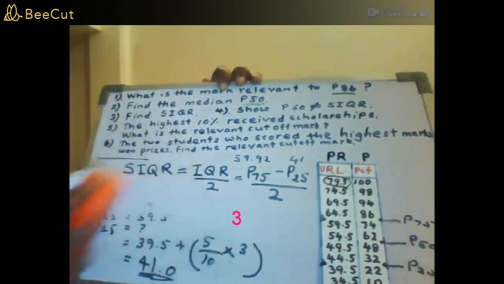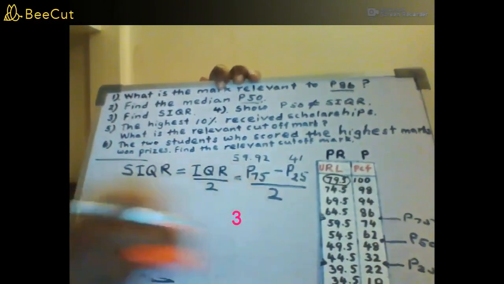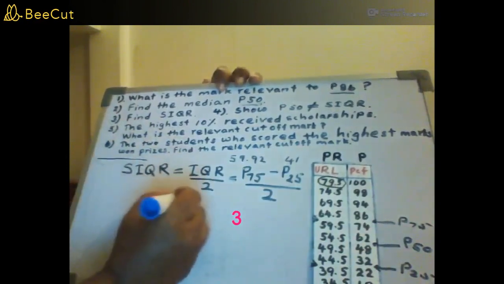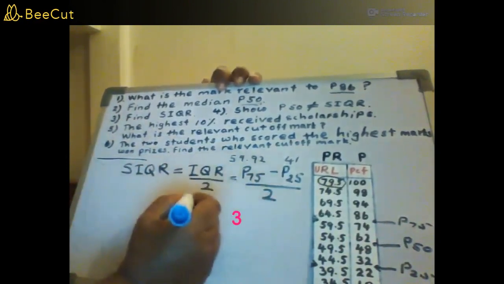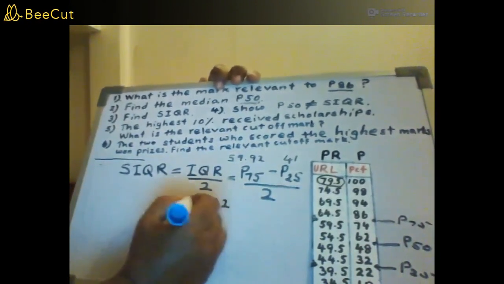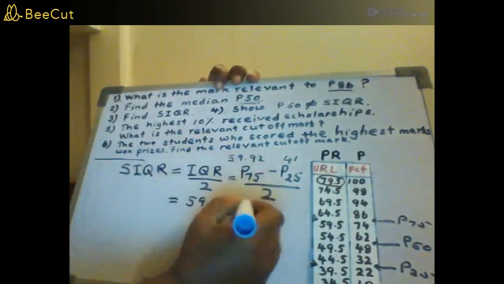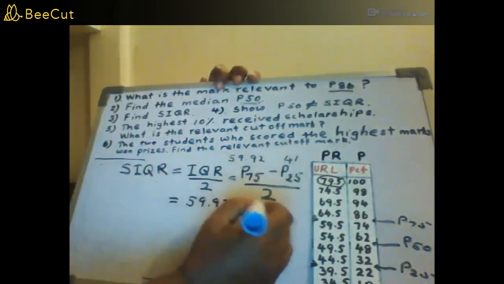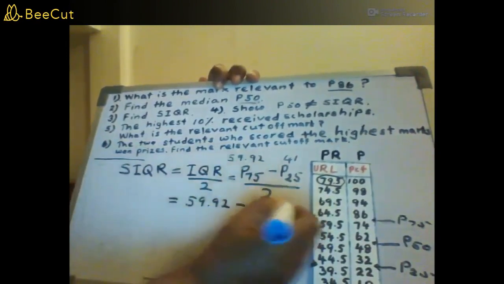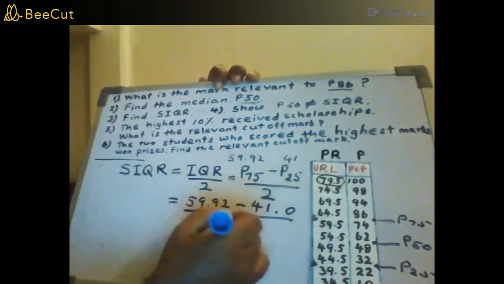Okay. Now, once you have calculated P75 and P25, you have to write this formula and apply the values. P75 is 59.92 minus P25 is 41, divided by 2.